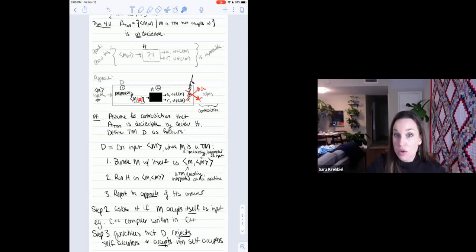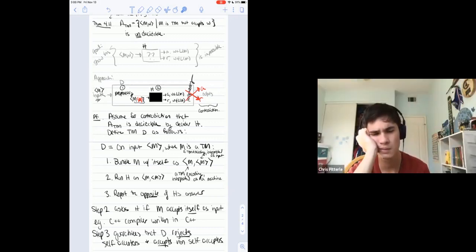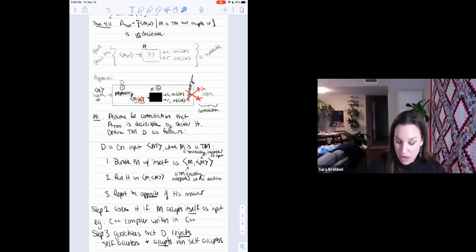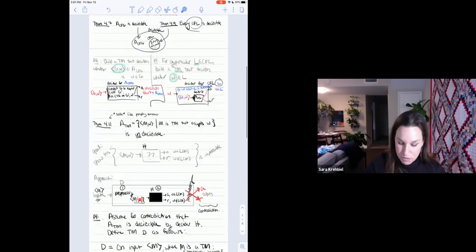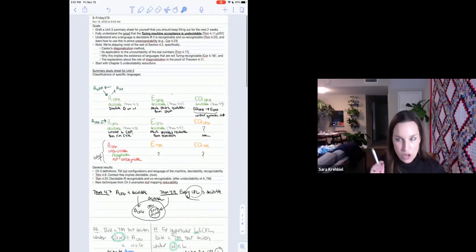So sometimes now that we're talking about machines, Turing machines for Turing machines, it seems to get more confusing. In fact, this language, ATM, is no more complicated than ADFA.